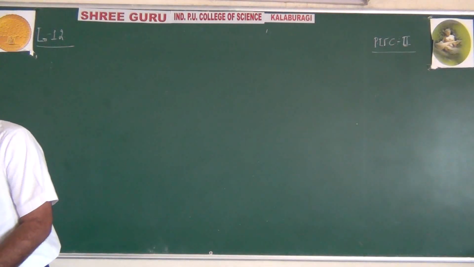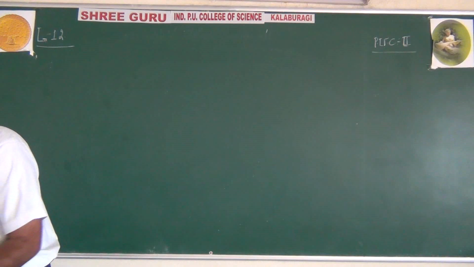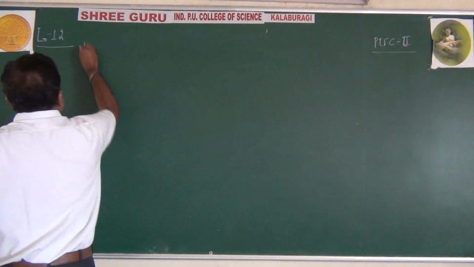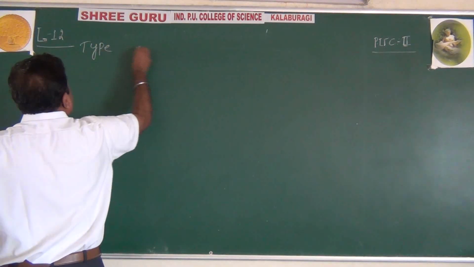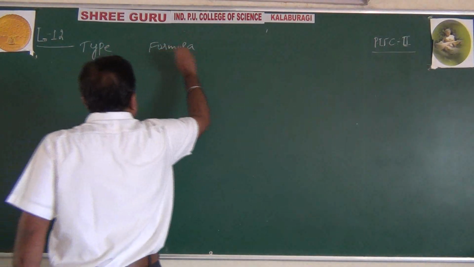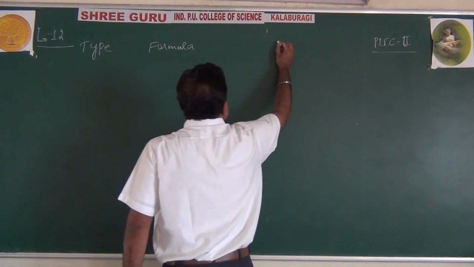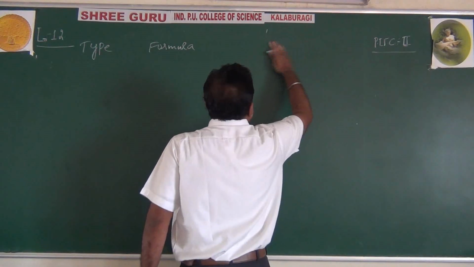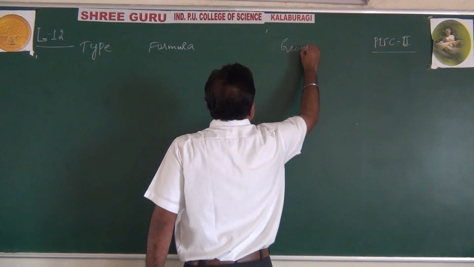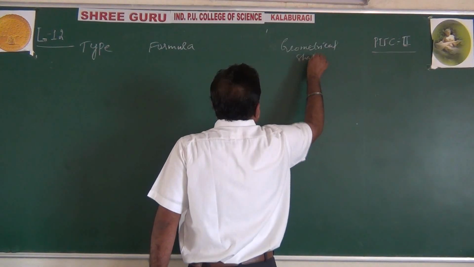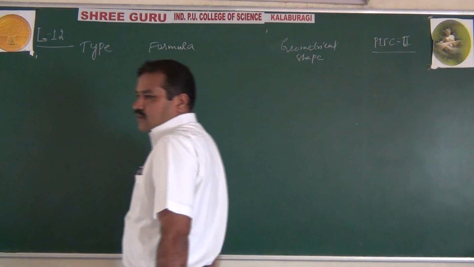As well as, very importantly, the structure. Then type, formula, and give the example, and the geometrical shape using VSEPR theory.